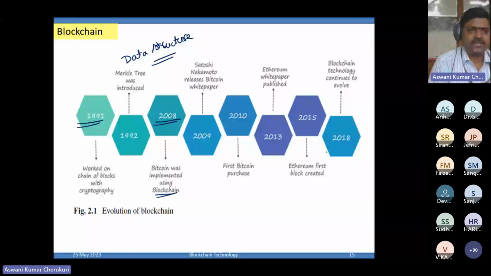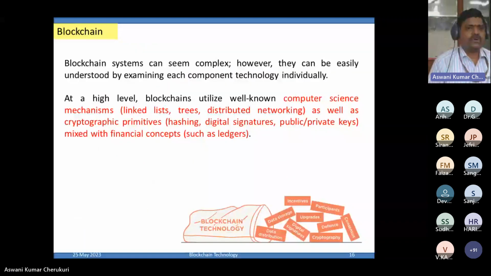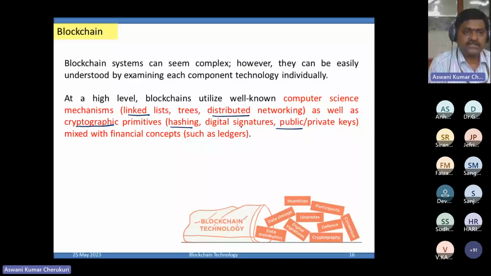So that means if you really want to understand the principles and working functionality of blockchain, you need to understand the crypto primitives and also the data structures. So to understand blockchain, you need to know linked lists, trees, similarly networking principles, similarly cryptographic primitives, which include hashing, public key technology, public key security, cryptography, digital signatures, and finally what is meant by ledgers.